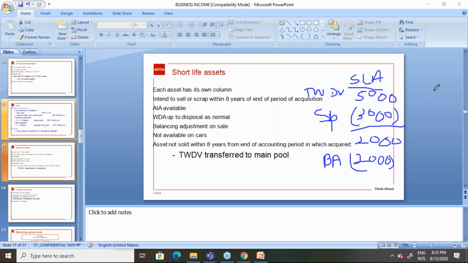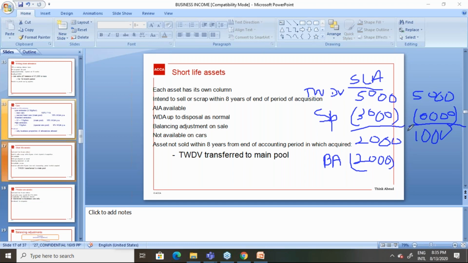But what if you have a situation where the tax written down value is £5,000, but you have sold the asset for £6,000? In that case, this indicates you have claimed capital allowances more than you're permitted to claim. The maximum you should be able to claim should be restricted to 5,000.